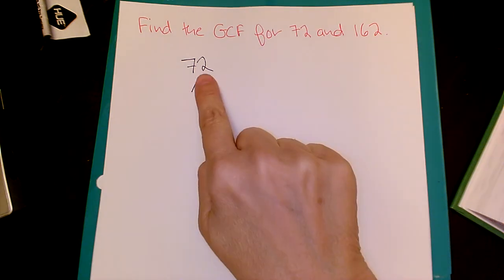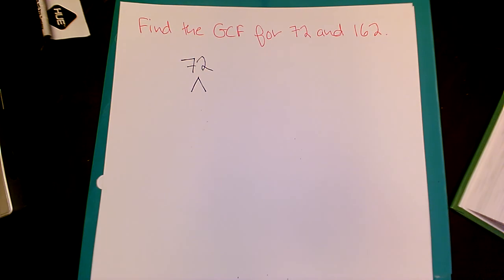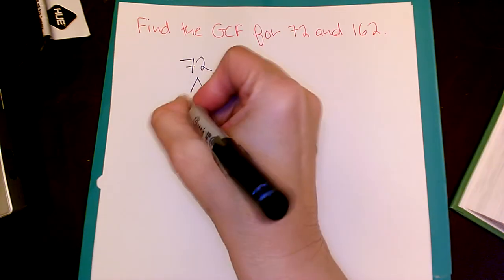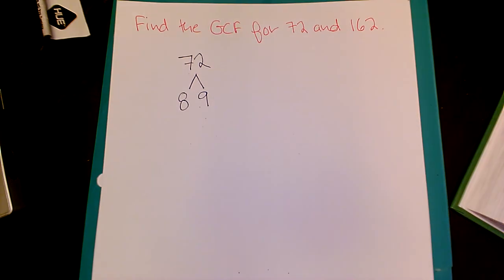It ends in 2, so we know 2 can go in, 2 times 36. I'm going to use 8 times 9, because 8 times 9 is 72.